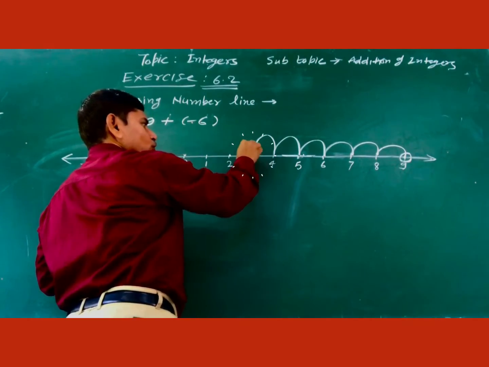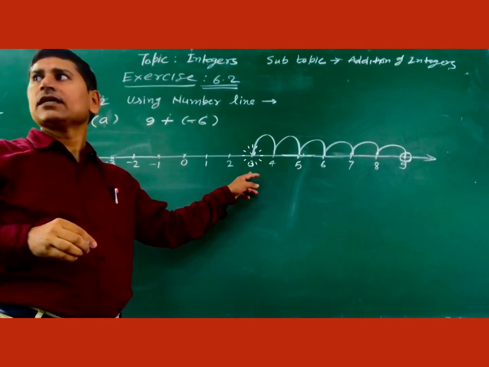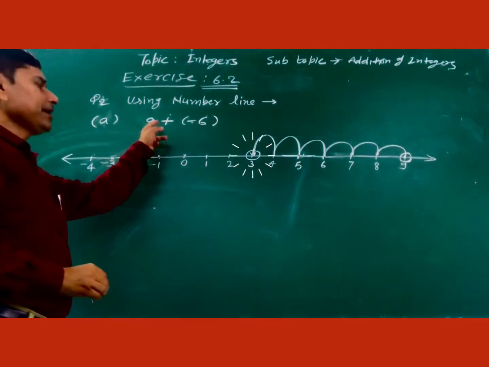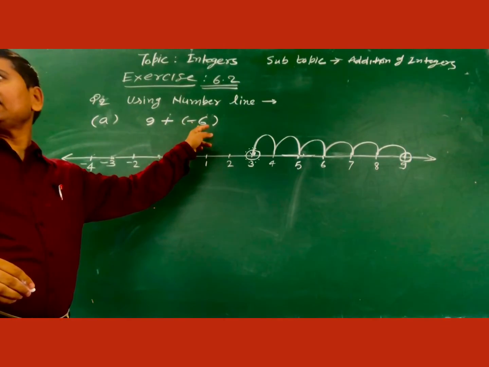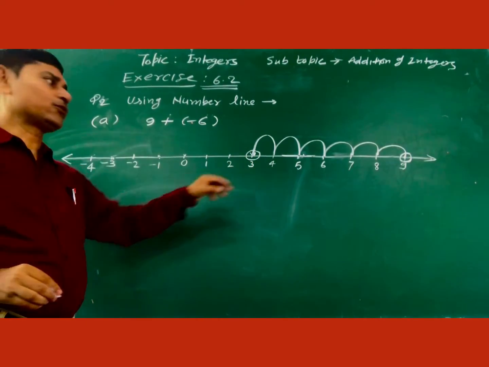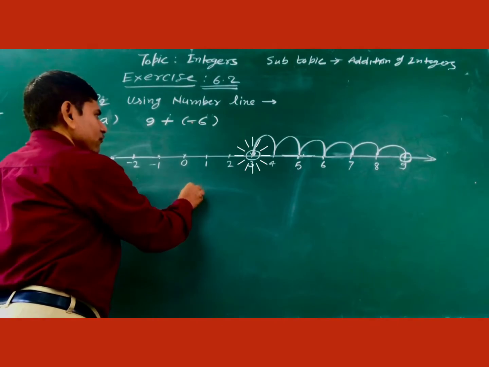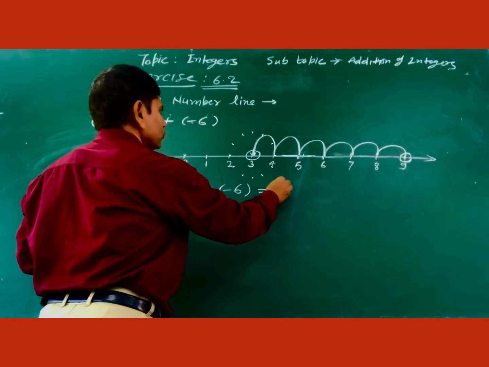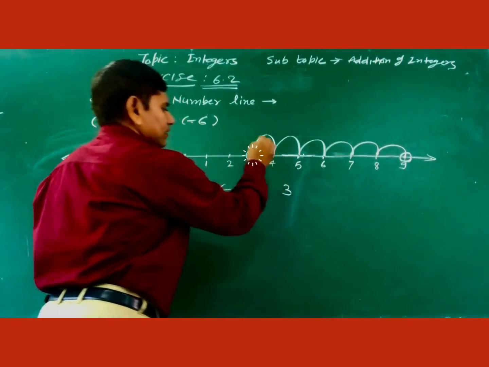So what will you get here? 3. It means the result of 9 plus minus 6 is equal to 3. So you will write here finally 9 plus minus 6 is equal to 3.